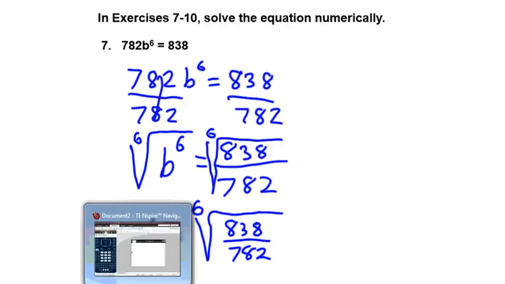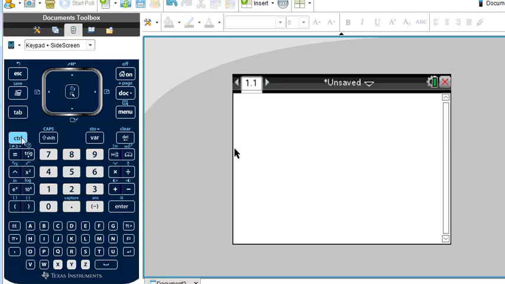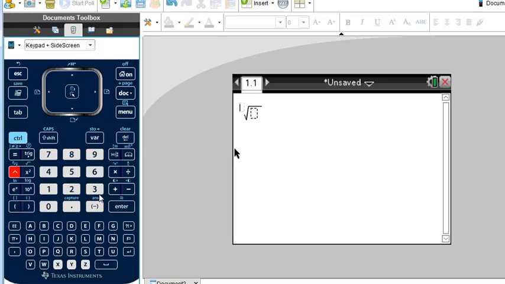And so we go to our calculator and we get the root here, and we put our 6th root of, we make our division, and we take 838 and divide that by 782, and we get 1.01159.